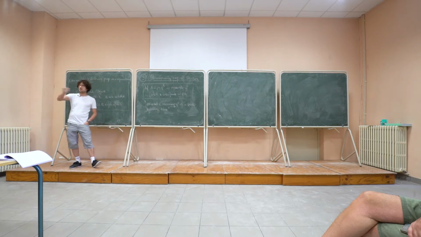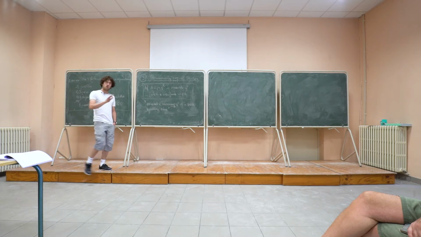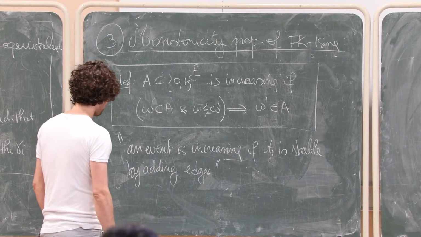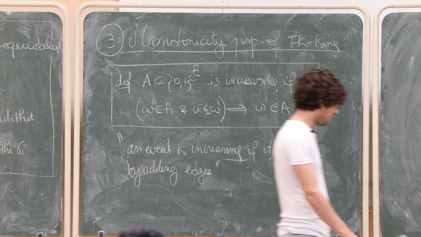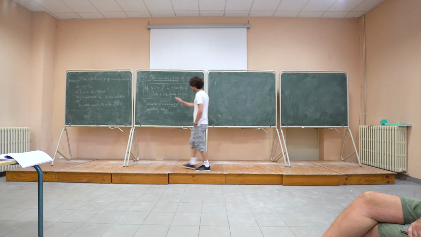Typically, there exists a connected component containing this and this point. There is a connection between such and such points. All of these are increasing events. Okay, so this is my first definition.